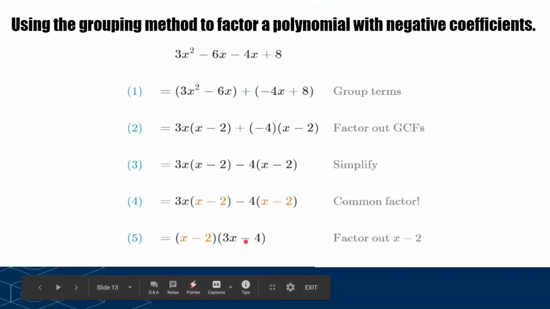All right, so this is actually the thing that I was talking to you guys about. This is grouping. We are still going to do grouping, but the polynomial that we are going to work with is going to have a negative coefficient, right? So the only difference is in this part here.